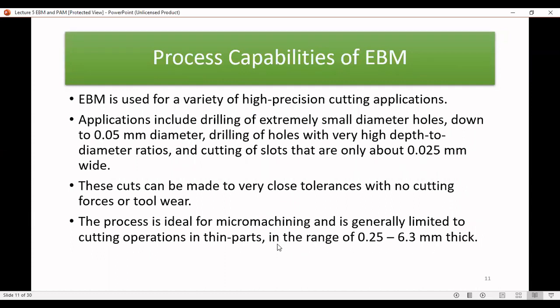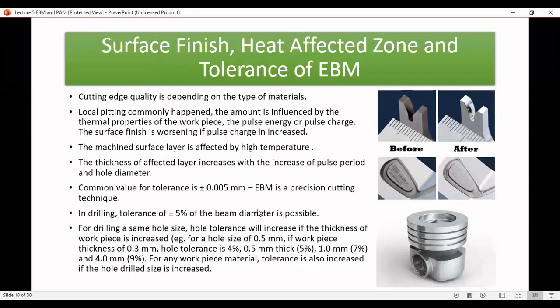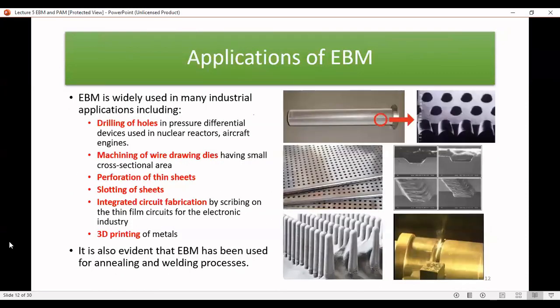If you go deeper, then the tolerance will become worse, as mentioned just now. You're talking about a tolerance of up to 9% if you're looking at a diameter of 4 mm, and so forth. So these are some of the applications of EBM.